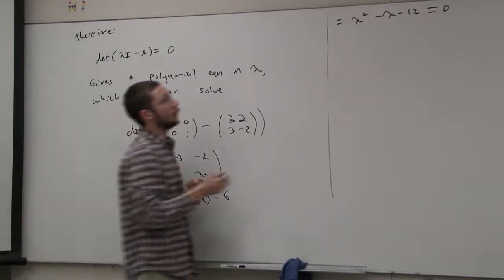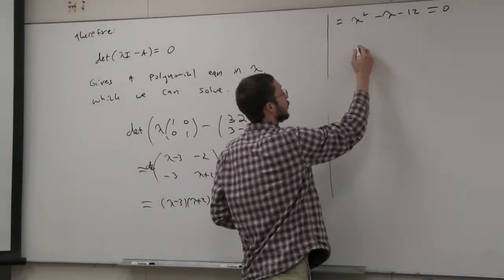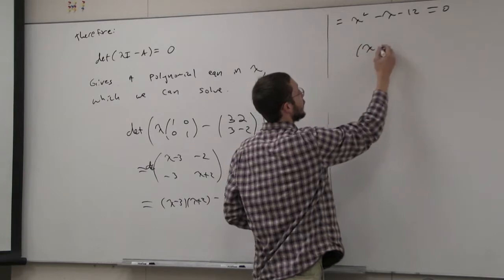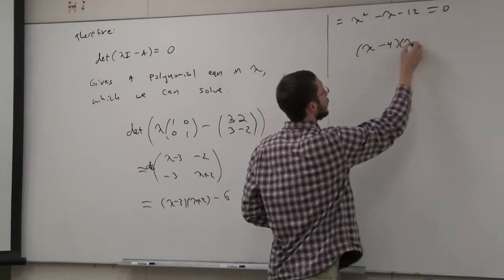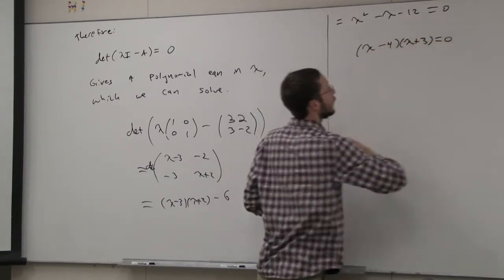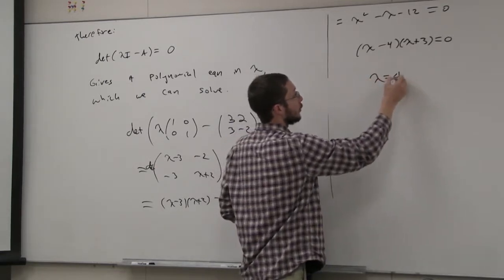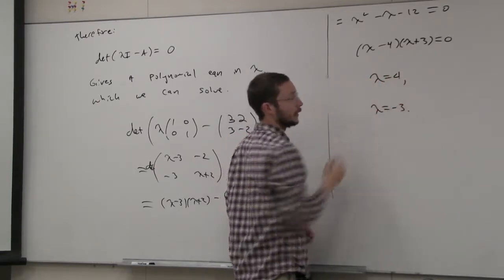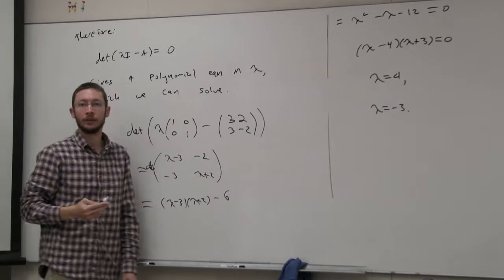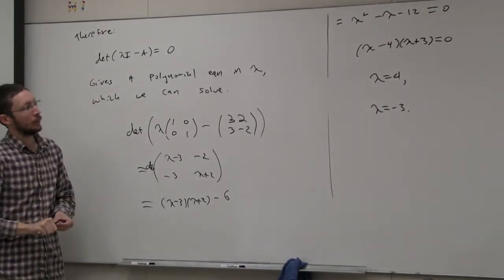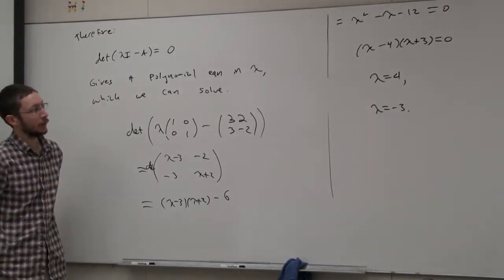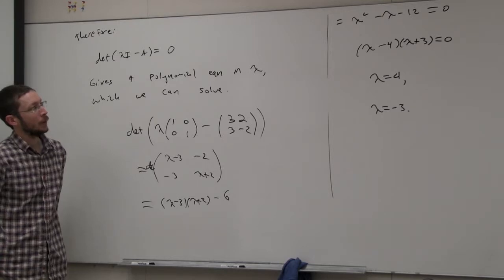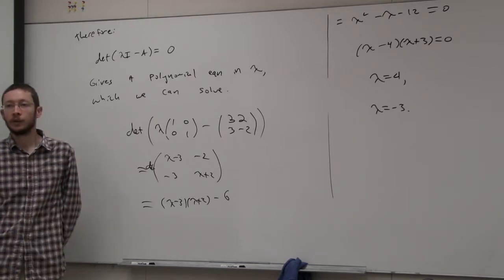Once we have this, in this case it factors pretty nicely as lambda minus 4, lambda plus 3. And there we go, we've got lambda equal to 4, lambda equal to negative 3. And these are going to be the eigenvalues for our transformation. So any questions on what we've done so far?